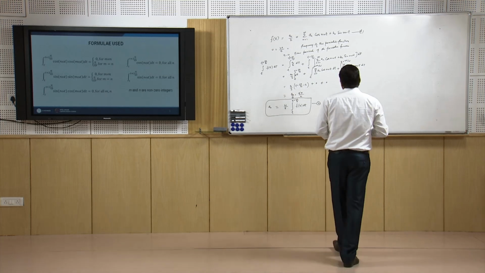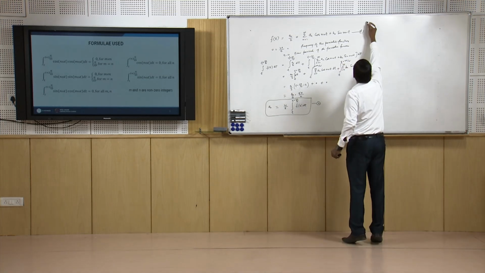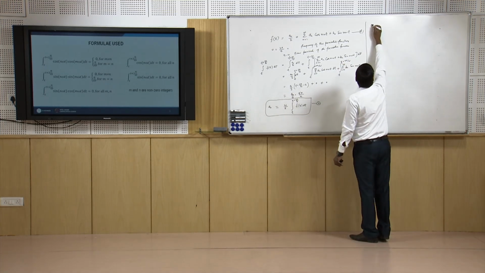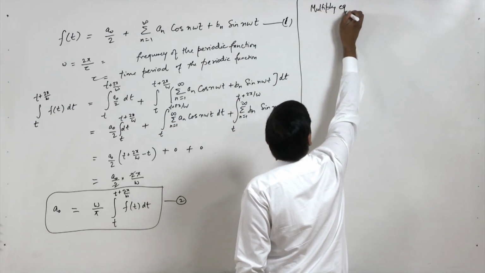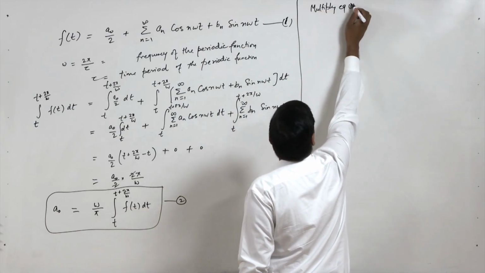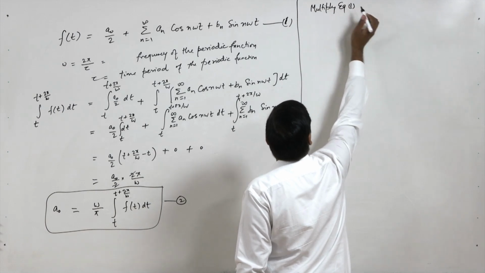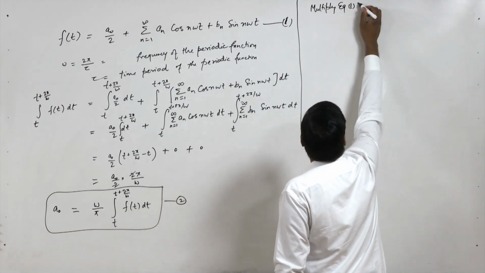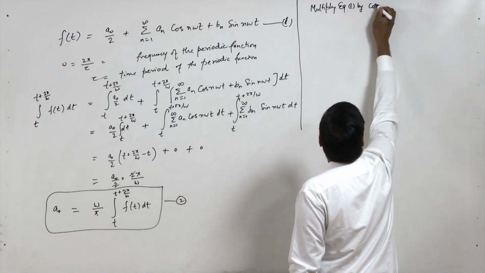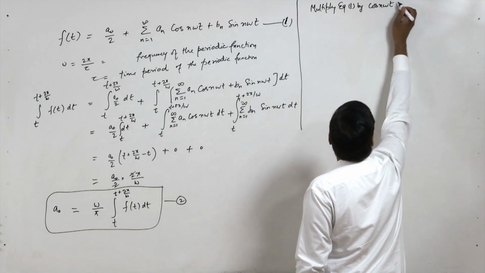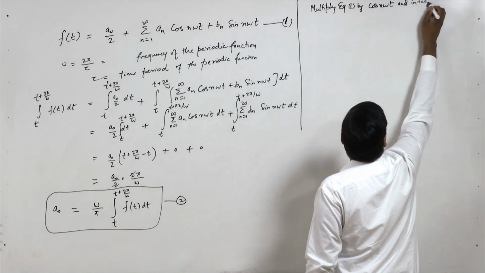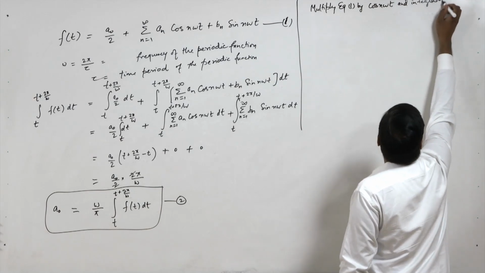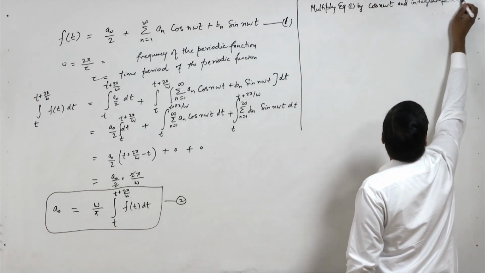So let's multiply equation 1 by cos n omega t and integrate for a cycle.